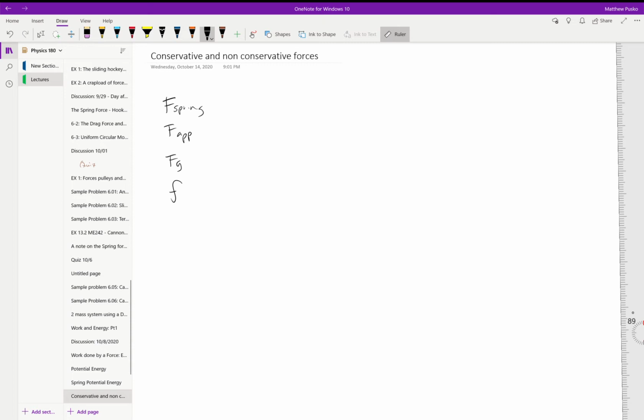Literally, what the term conservative in this case means is that if you calculate the work done or the energy to apply one of these forces, then no energy is actually lost.